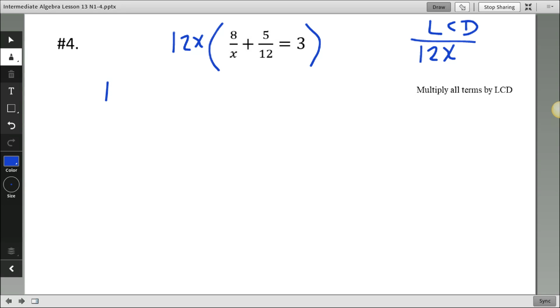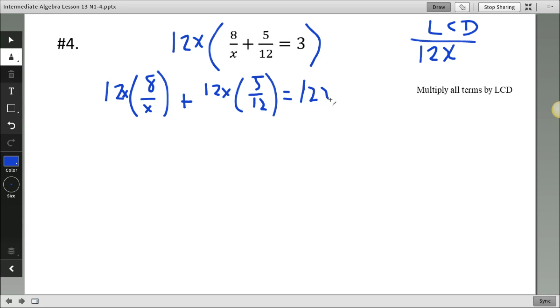We're going to have 12x times 8 over x plus 12x times 5 over 12 equals 12x times 3. Everything gets multiplied by the LCD.